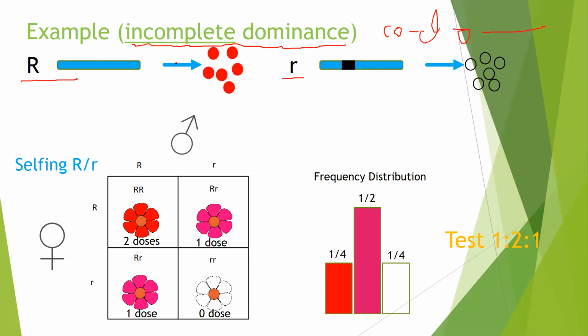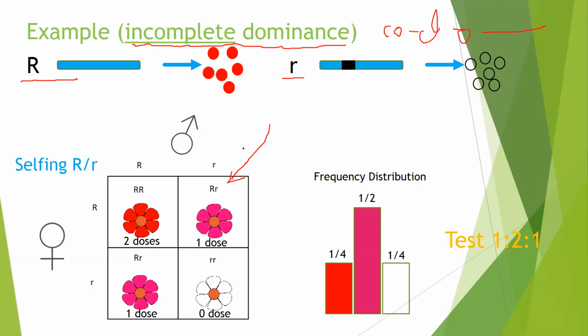Since these two alleles follow an incomplete dominance or codominance pattern, what does that mean? If we look at a heterozygous individual, capital R and lowercase r, in this individual both traits will be expressed. Both traits will be present.